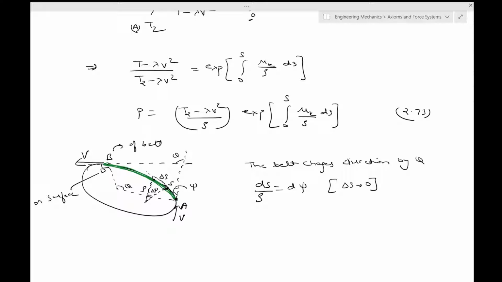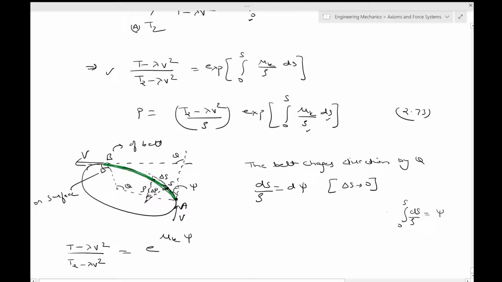So ds by rho is over here. I hope you can see that. That makes this T minus lambda v square by T2 minus lambda v square equal to e to the power of mu k into psi, because the integral of ds by rho from 0 to s will be equal to psi.